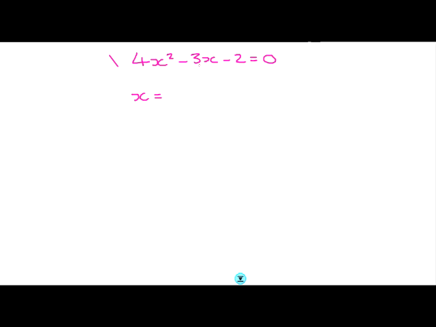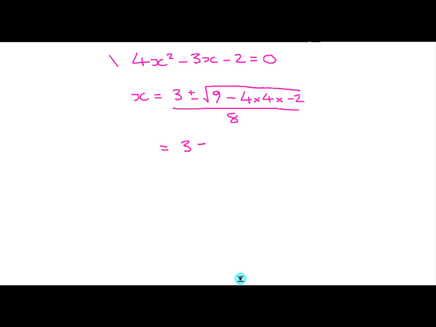So negative b, so if that's b, that has to be a positive 3. Square root of minus 3 squared, well, that's 9, minus 3 times minus 3. Take away 4ac, so it'd be 4 times negative 2. All over 2a, and 2 4s are 8.